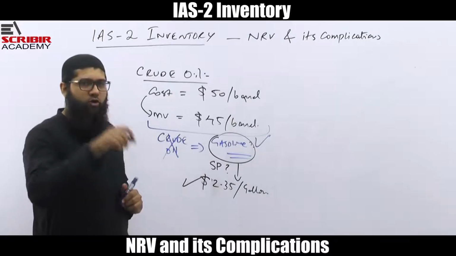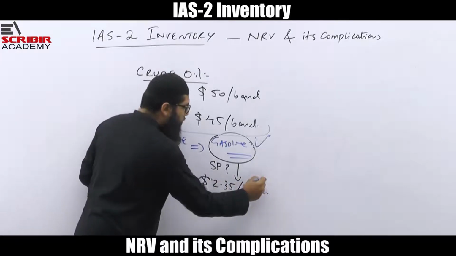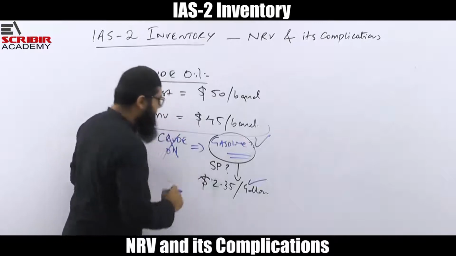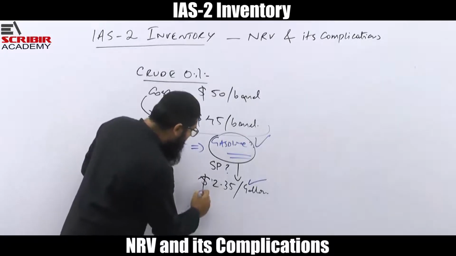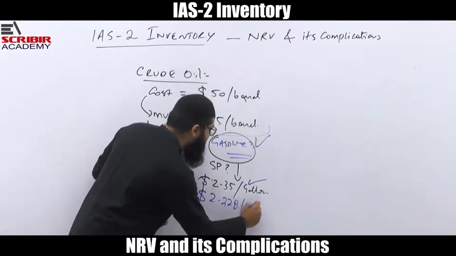Now, a second concept. Assume that the gasoline was originally sold at $2.35 a gallon, and now after this reduction in the prices of crude oil, the gasoline's market value has become $2.28 per gallon.